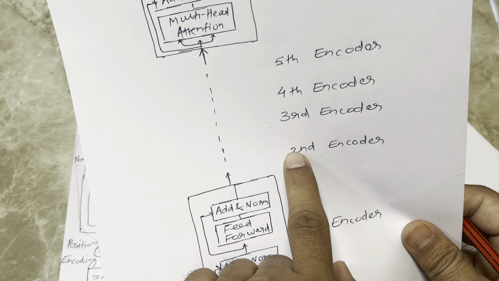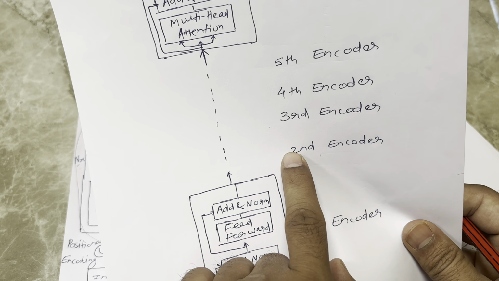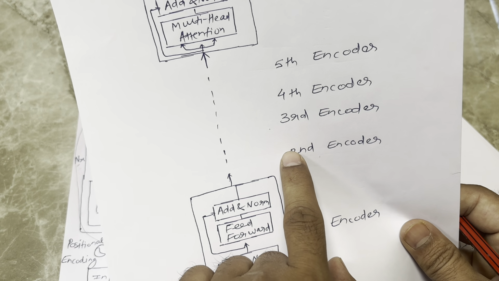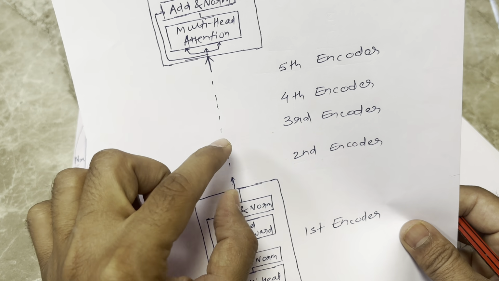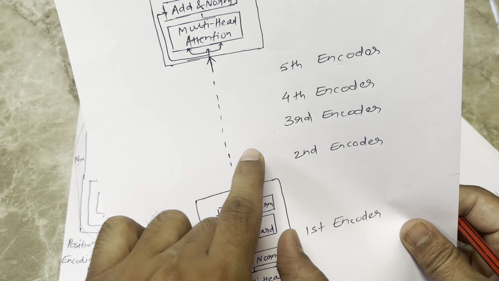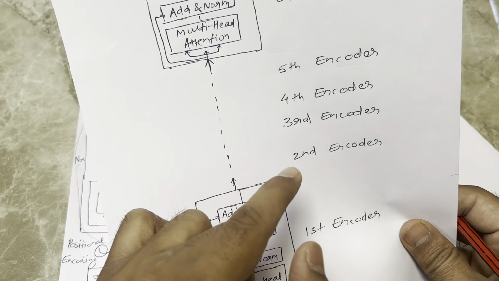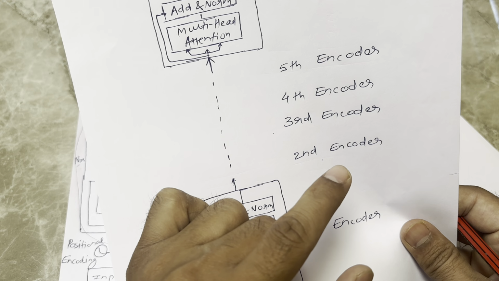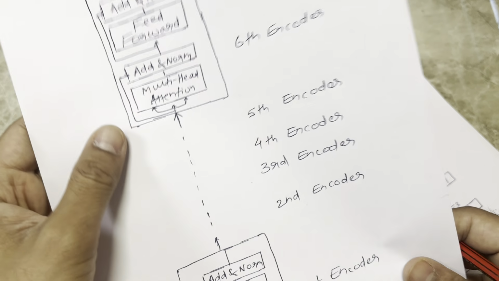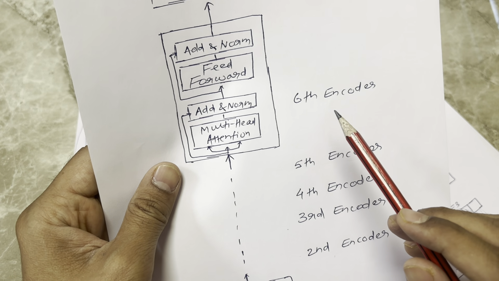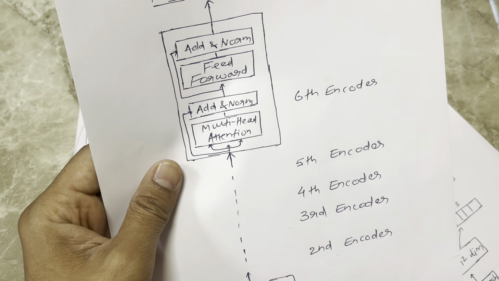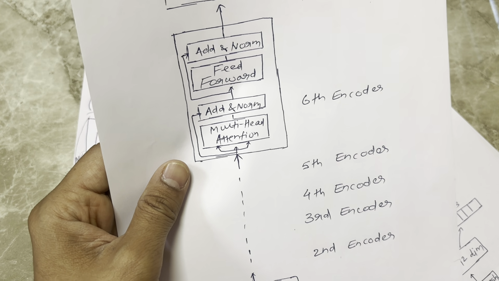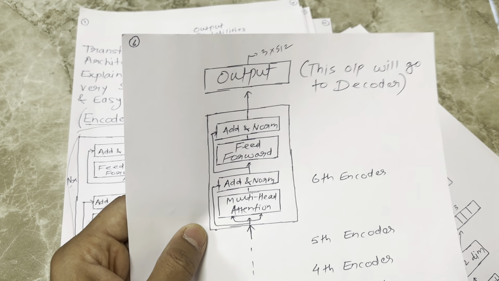The second encoder block is identical, and processing happens inside it as well. The output from the second encoder block goes to the third, the output from the third goes to the fourth, and so on till the sixth encoder block. Finally, our sixth encoder block output goes towards the decoder.